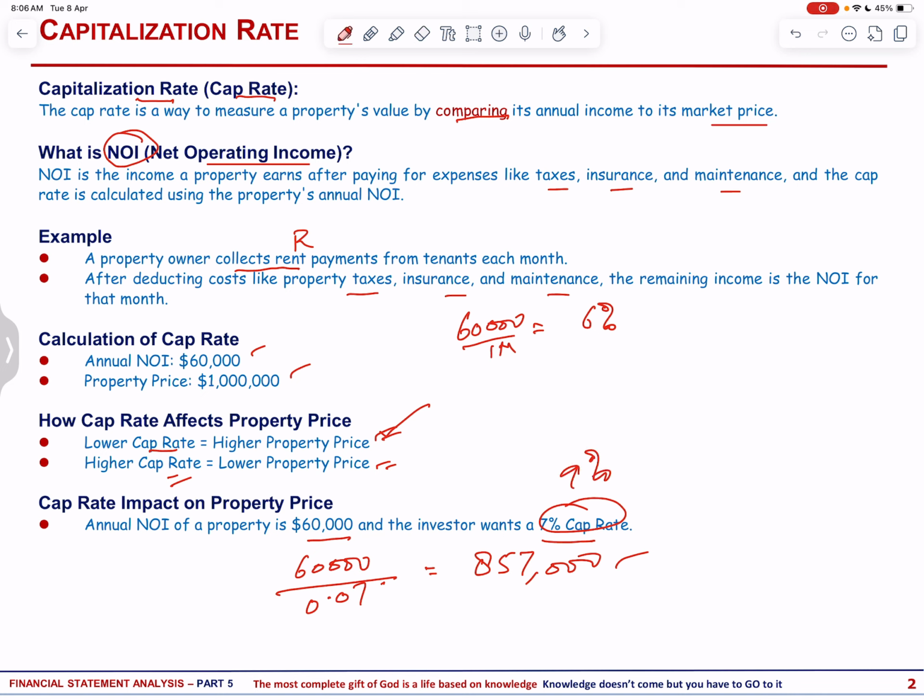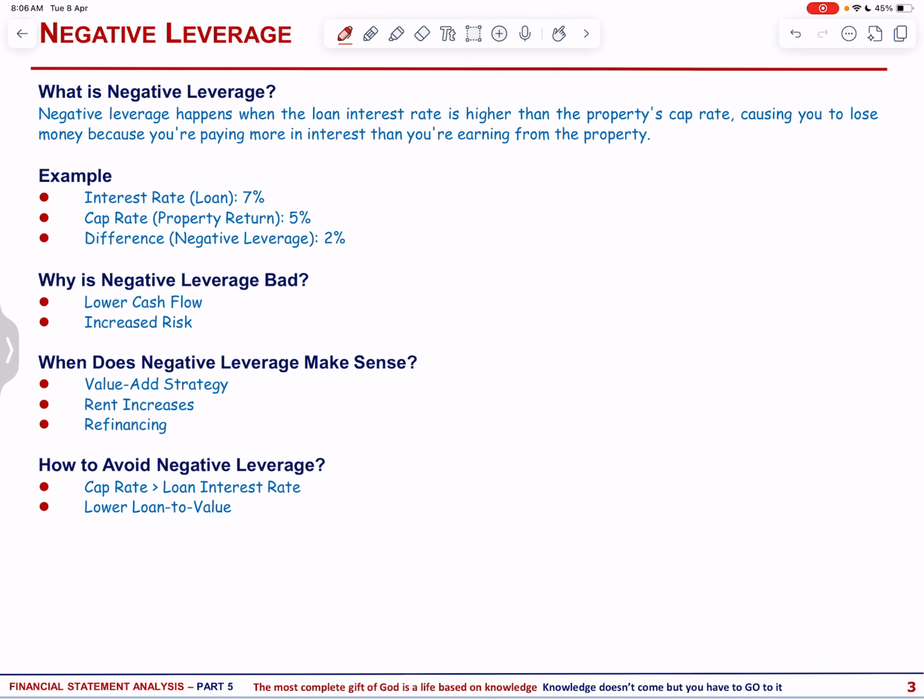Next, let us talk about negative leverage. Now, negative leverage occurs when the interest rate on a loan is higher than the property's capitalization rate. The cap rate is essentially the annual return you would expect to earn on an investment property based on its income and market value.